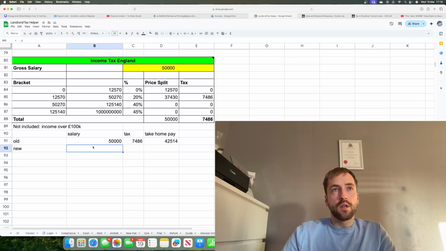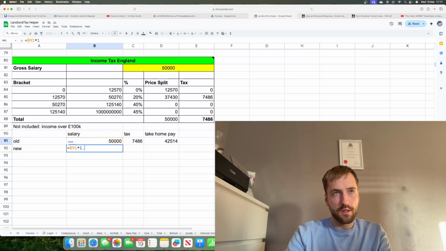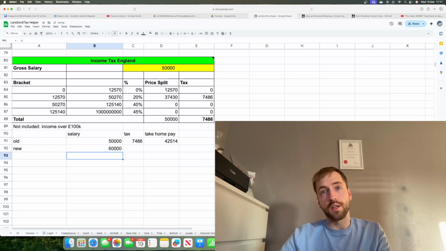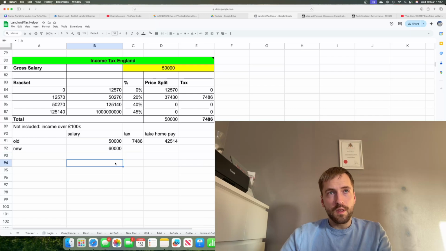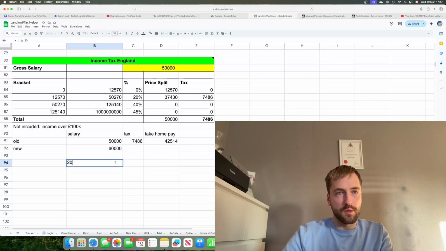Then for the new one, your salary goes up. Say you get a 20% pay rise, so you take your salary of 50k, 20% pay rise, significant pay rise, very hard to get. You have to potentially switch jobs or get a promotion. You're up to £60,000. So you go up by 20%.